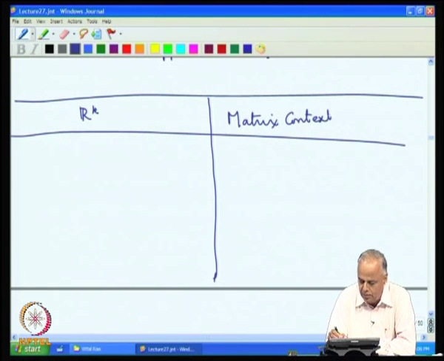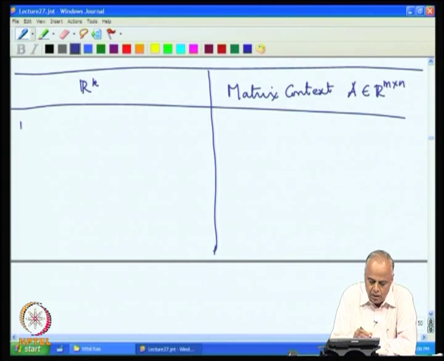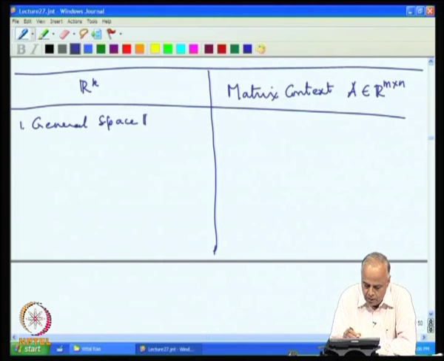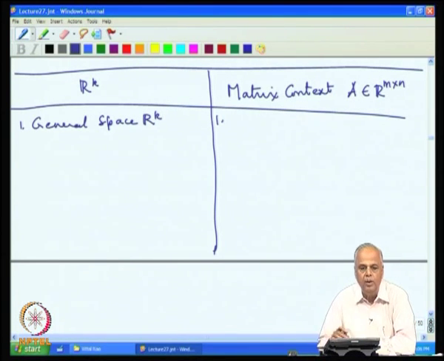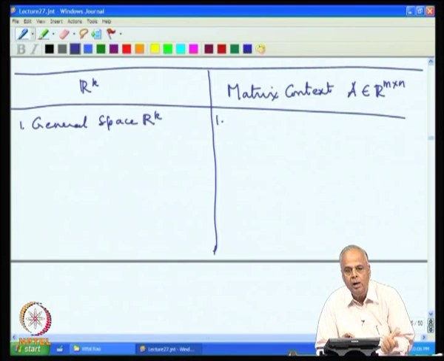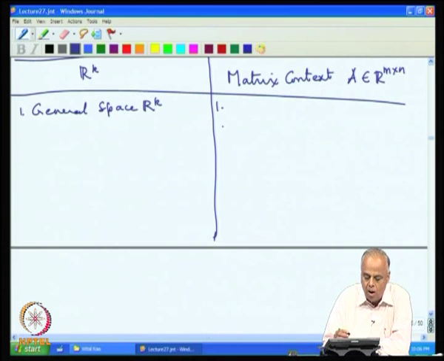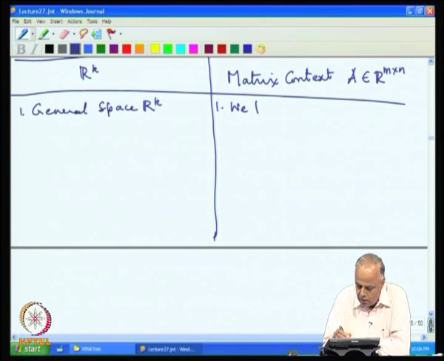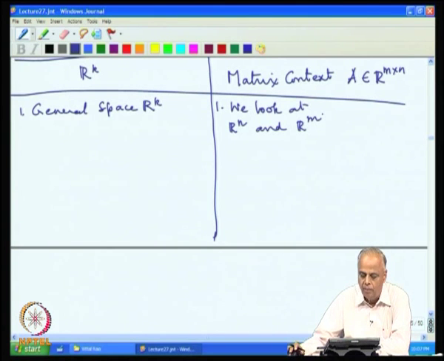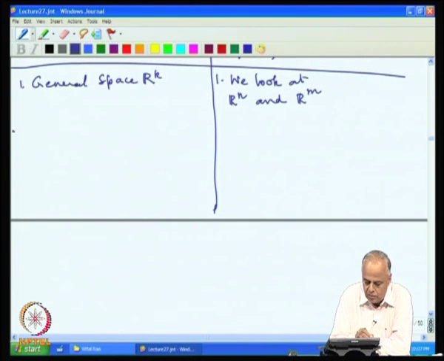We take a matrix A which is an m by n matrix. In the matrix context, we have to look at two such spaces, R^n and R^m, because the matrix A converts R^n vectors into R^m vectors. So there are two spaces like R^k which are of interest in the matrix situation.